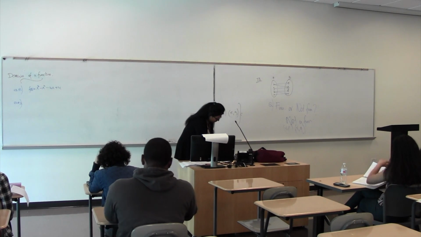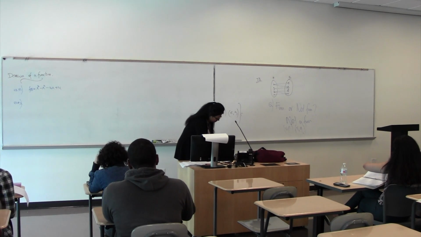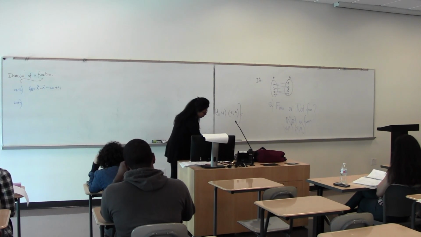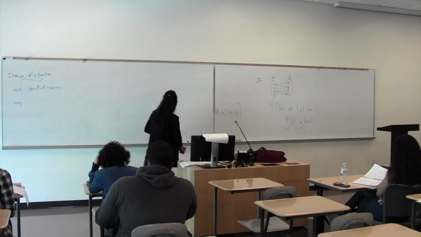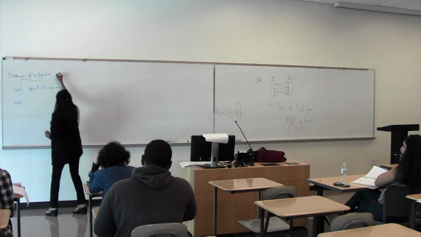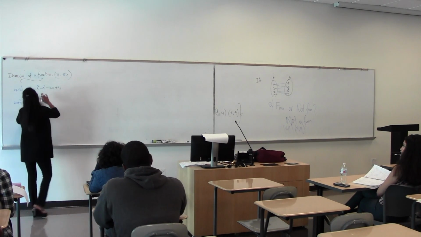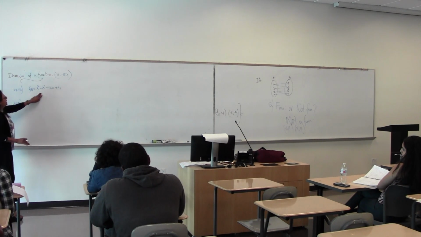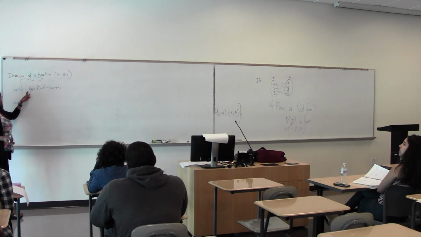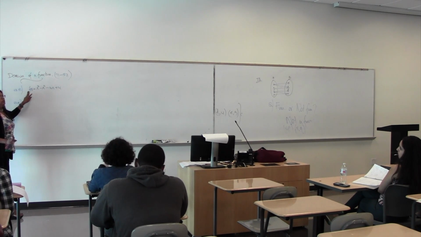Find the domain of the function. That's to find all x. The domain of a function is problems number 71 through 82. This one we did, find the x value such that f of x equals 0. This is just finding the x value only.